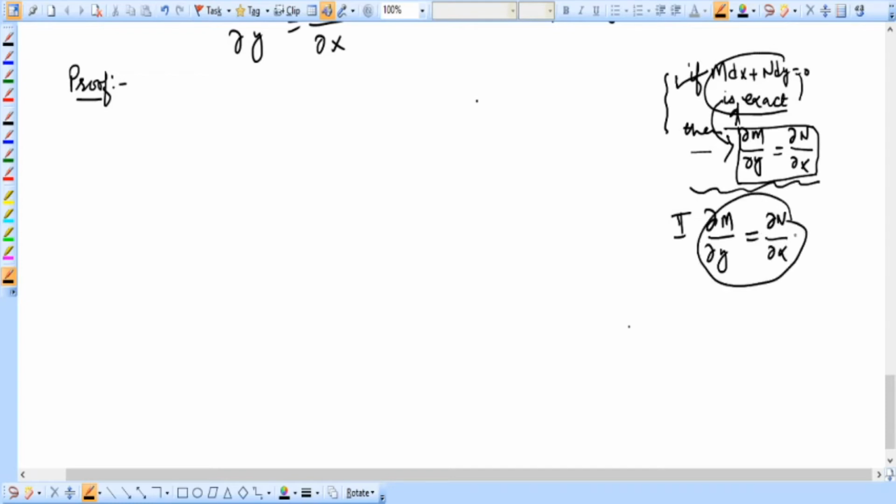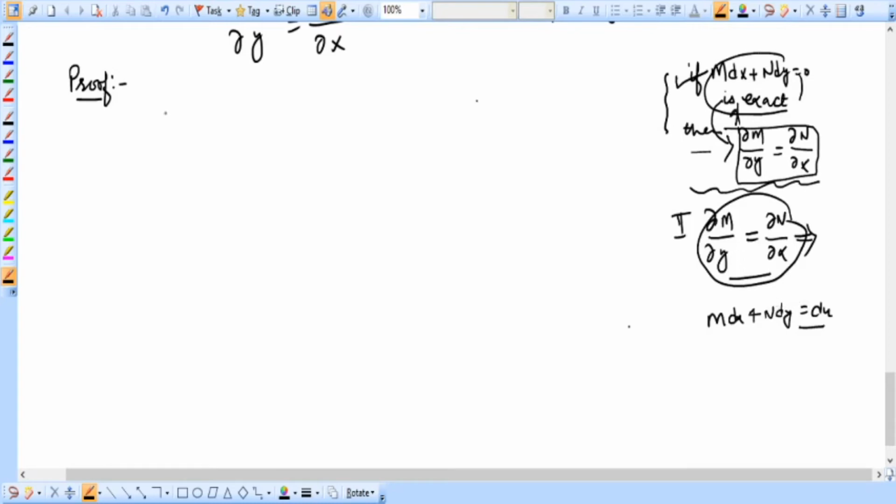This is true, we are going to assume this. Then from this statement we will be proving that Mdx plus Ndy is equal to du. That is, the given equation is exact.